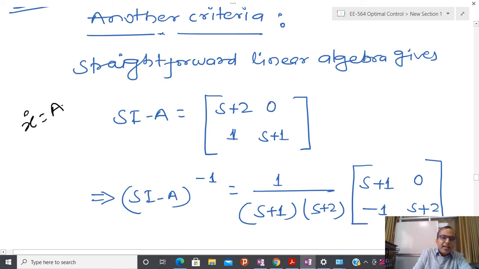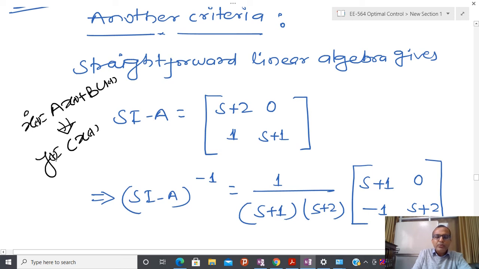Whenever you have an LTI system like x dot equal to Ax plus Bu, it is possible to show that, if you take the initial condition equal to 0 for the time being, though the same kind of result can be discussed even with a finite initial condition, and you convert this equation into the frequency domain using the Laplace transform, I have some kind of relation between the input and the output.